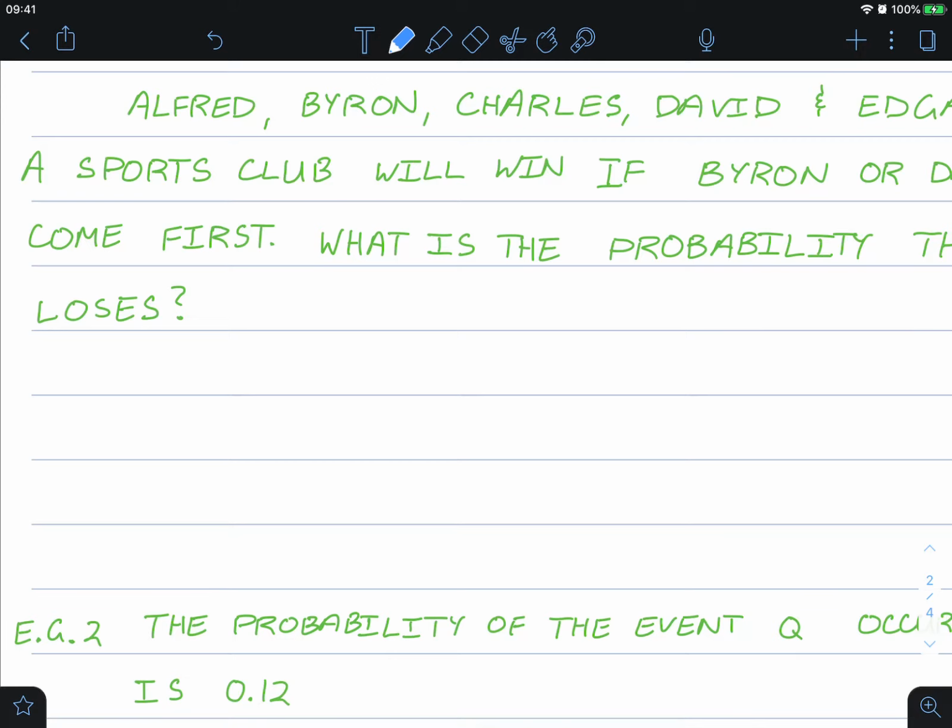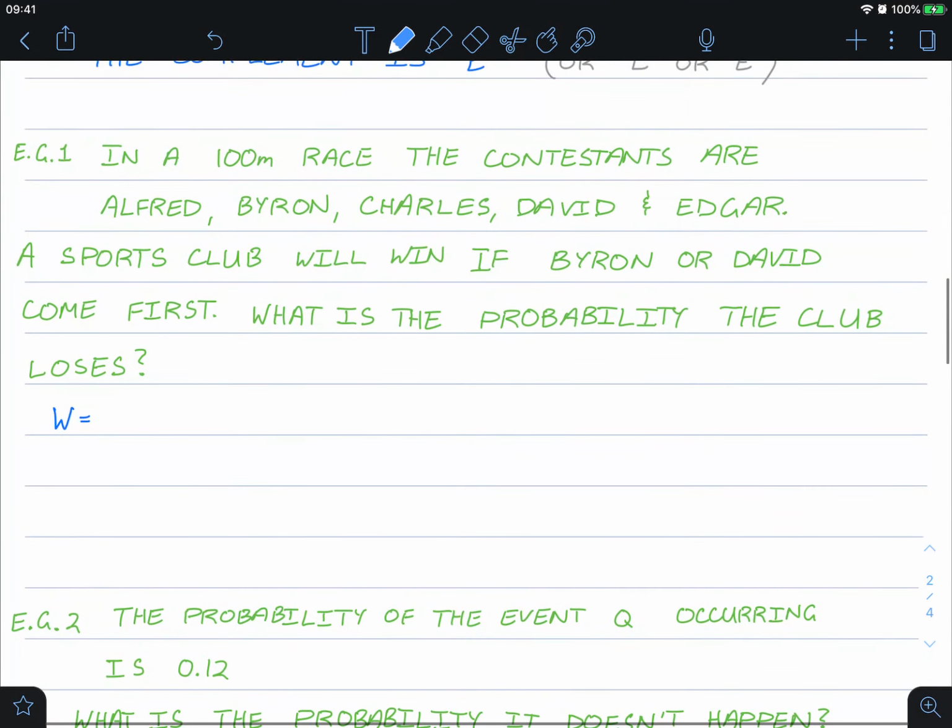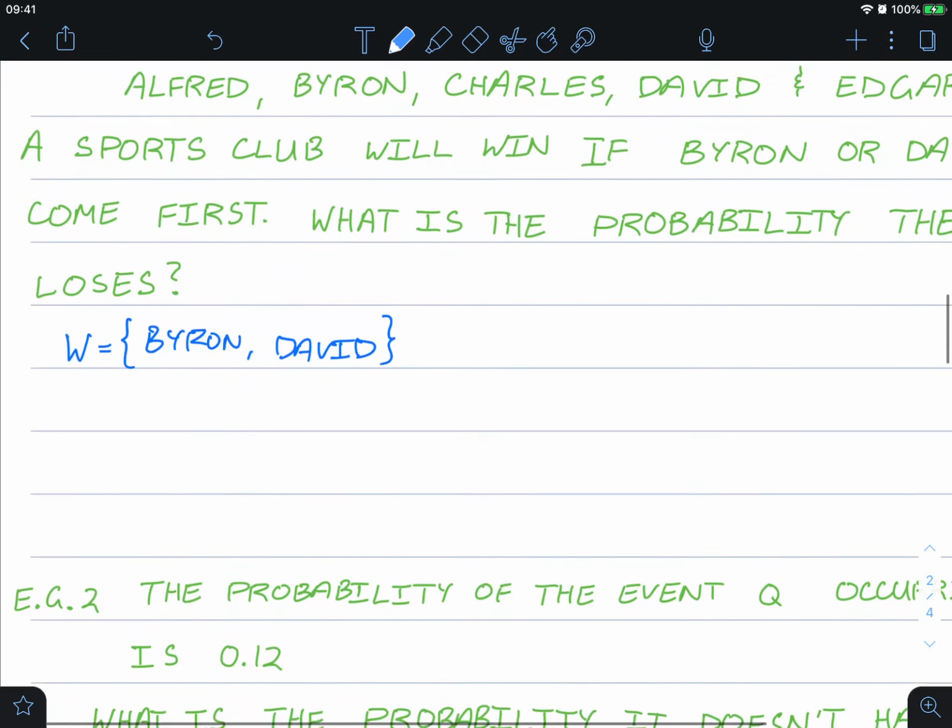The probability of a win, W for the win. The sports club winning relies on Byron winning or David winning. So these are the two outcomes that will result in the event of a win.